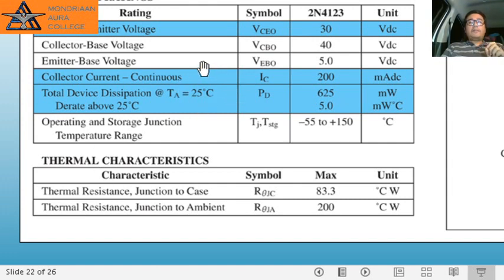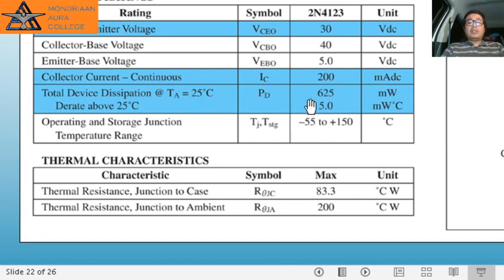But what if tumaas yung temperature natin, naging 26 degrees Celsius? Dito tayo magbabase ngayon. What will be the new maximum power? So, dito tayo sa power derating factor. This is 5 milliwatts. Actually, this is per degree Celsius. Alright? So, ano na yung magiging maximum power natin kapag 26 degrees Celsius na siya?